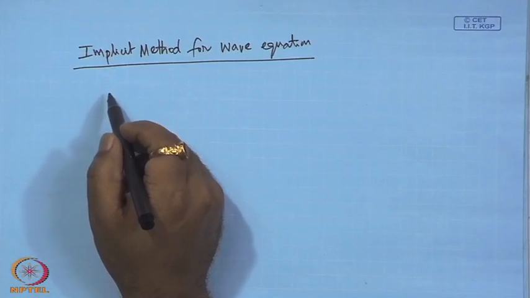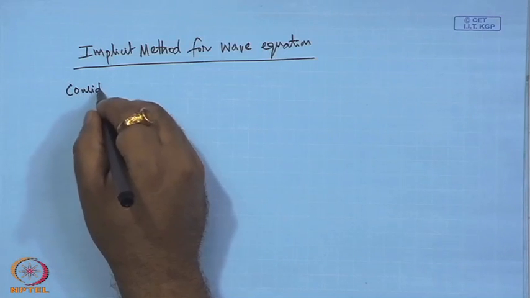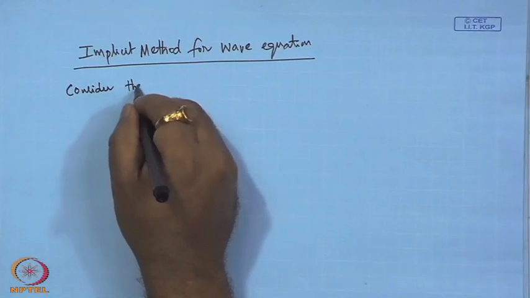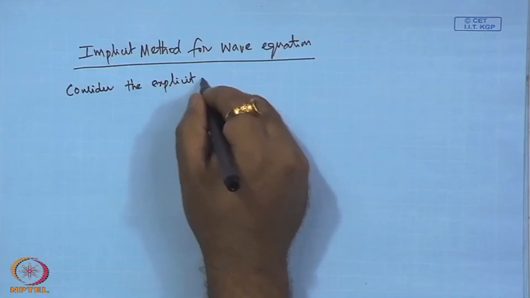Okay. So, in order to derive implicit method for wave equation, let us consider the explicit method.